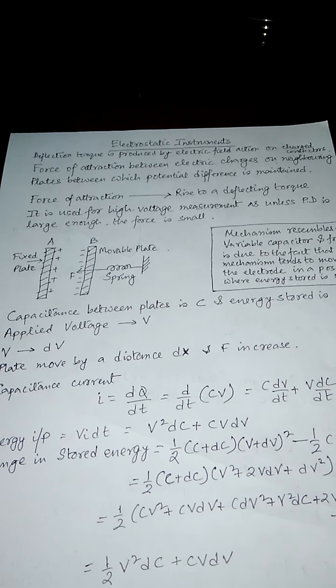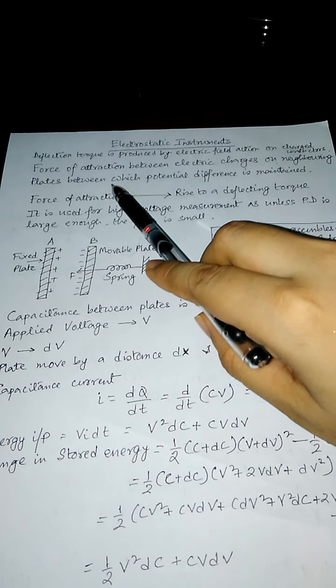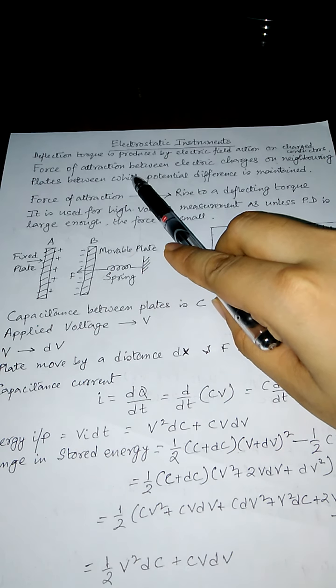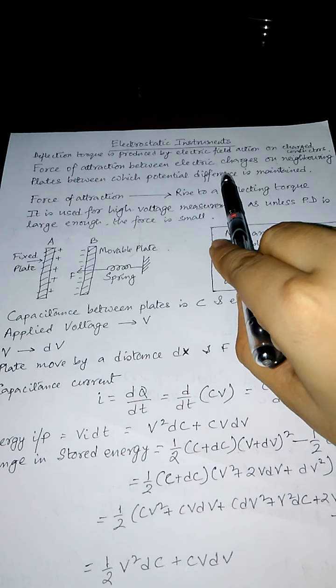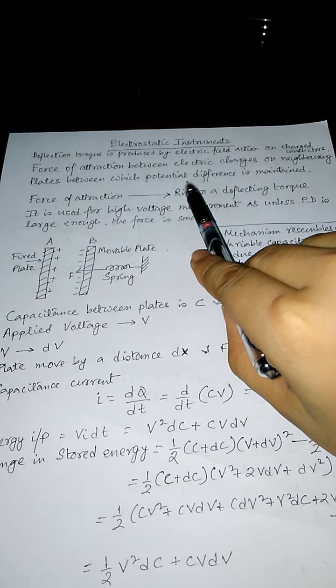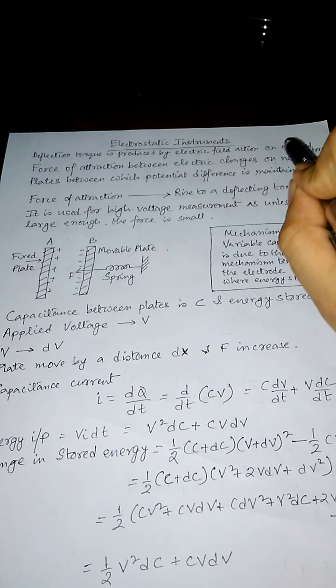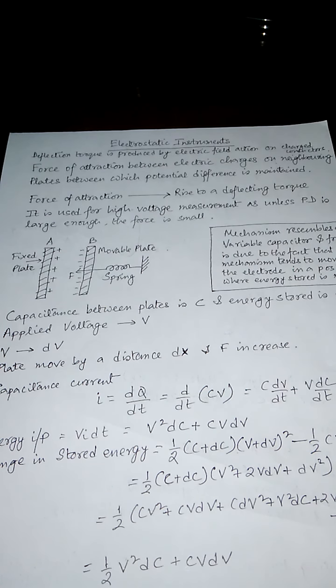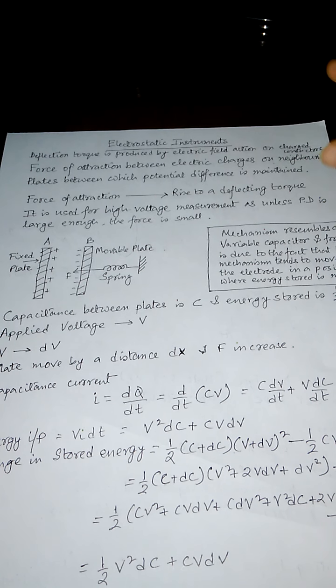The other principle for electrostatic instruments is the force of attraction between the electric charges on the neighboring plates between which the potential difference is maintained. Now, we are going to discuss the different neighboring plates.